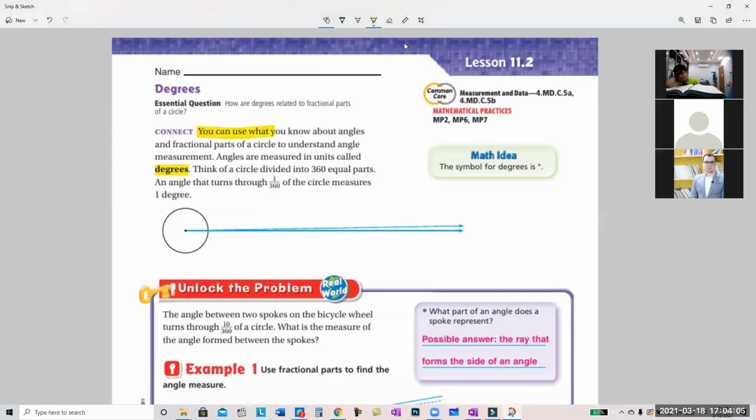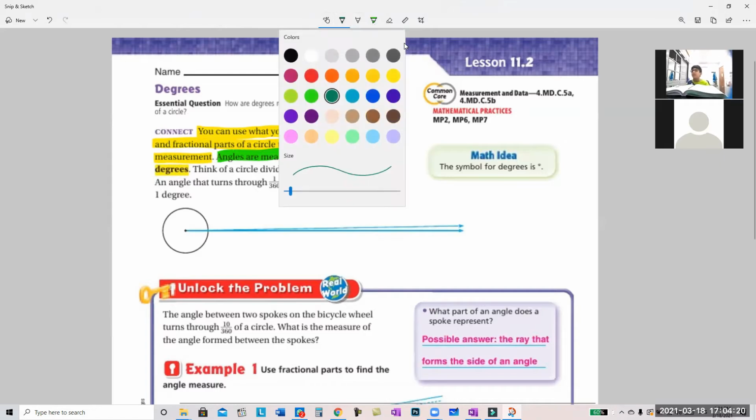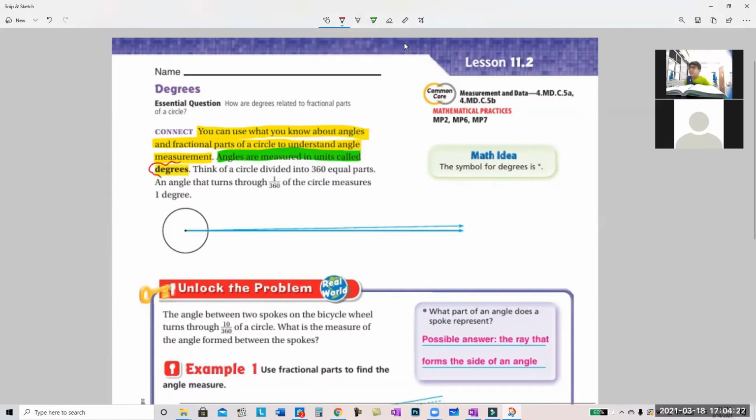You can use what you know about angles and fractional parts of a circle to understand the angle measurement. Angles are measured in units called degrees. So that is the unit of measuring angles. Think of a circle divided into 360 equal parts.